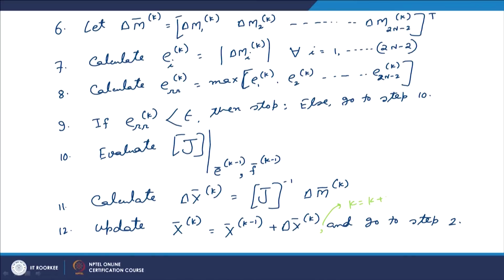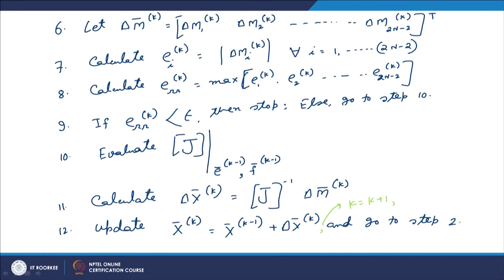The x vector is nothing but the solution vector. Remember, when k is equal to 1, it is 0. So we know this, and then we go to step 2. Here also we should write k is equal to k plus 1 and go to step 2.